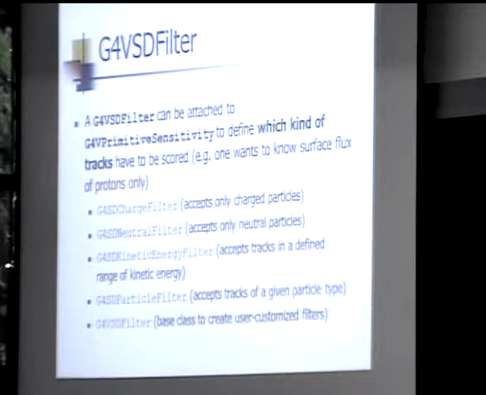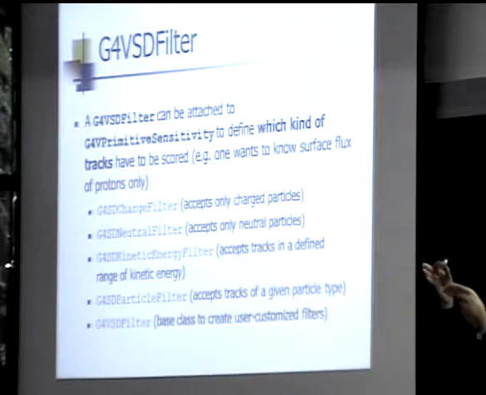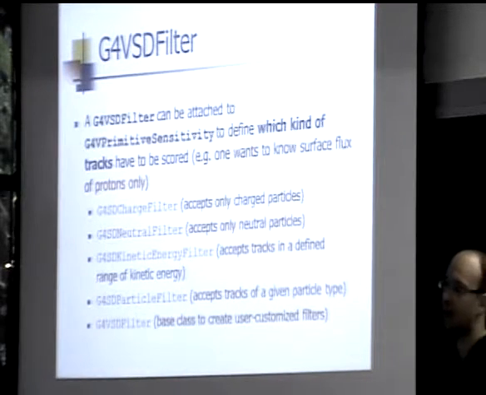You can also do something more. Maybe you want to know the flux, but only of gammas. You don't care about other particles. You want to count only gammas. So you can attach filters to your scorers to select only a certain type of particles to be considered. You can accept only charged particles, you can accept neutral particles, you can accept particles in a given energy range, you can accept particles of a given kind.